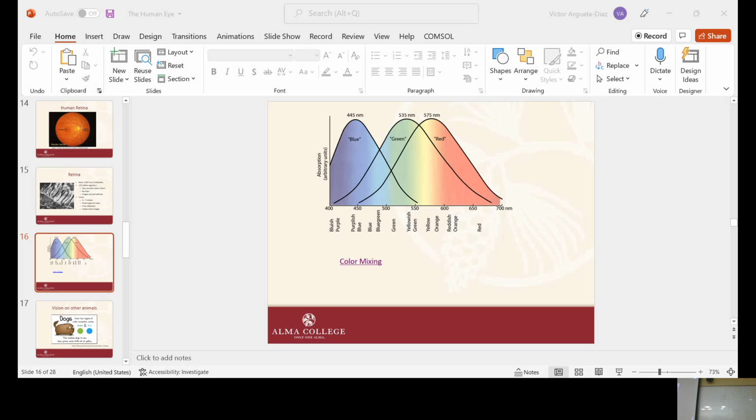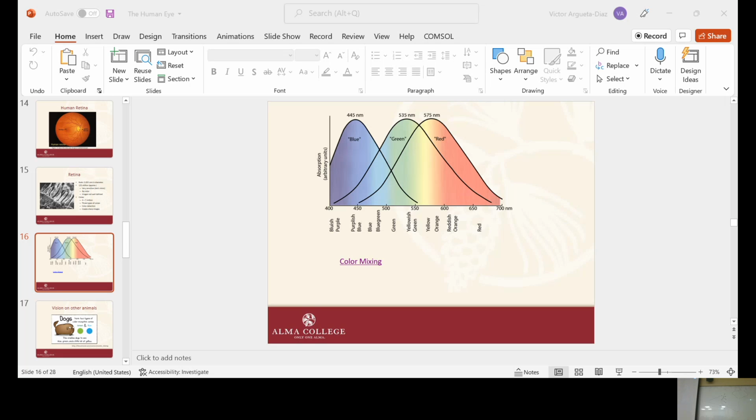I've always had a problem with color mixing because I know that you can't mix photons together. You can't take a blue photon and a green photon and mix them together to get some other photon. That just doesn't happen. And yet you can mix paints together in art. Color mixing is definitely something you can do. So what's the answer? Well, actually, you can't mix colors together in physics, but you can do it in biology.